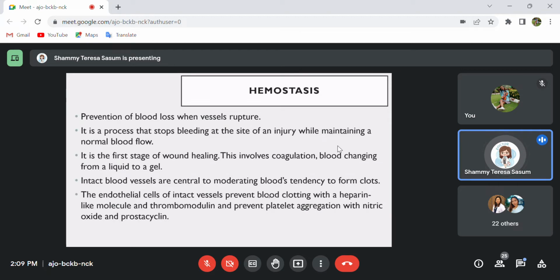Intact blood vessels are central to the moderation of blood's tendency to form clots. The endothelial cells of the intact vessels prevent blood clotting with heparin-like molecules and thrombomodulin, and prevent platelet aggregation with nitric oxide and prostacyclin.